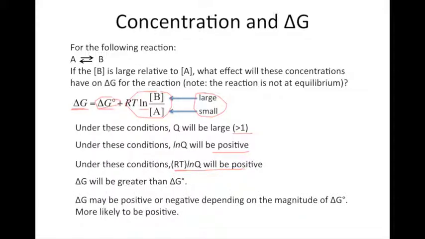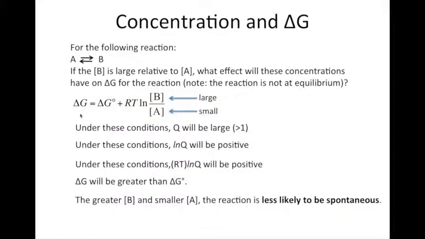So we can say this. Under these conditions of high product and low reactant concentration, delta G may or may not be positive. We can't say because we don't know the sign of delta G standard. But delta G is more likely to be positive. The bigger the concentration of B and the smaller the concentration of A, the more likely delta G is to be positive.